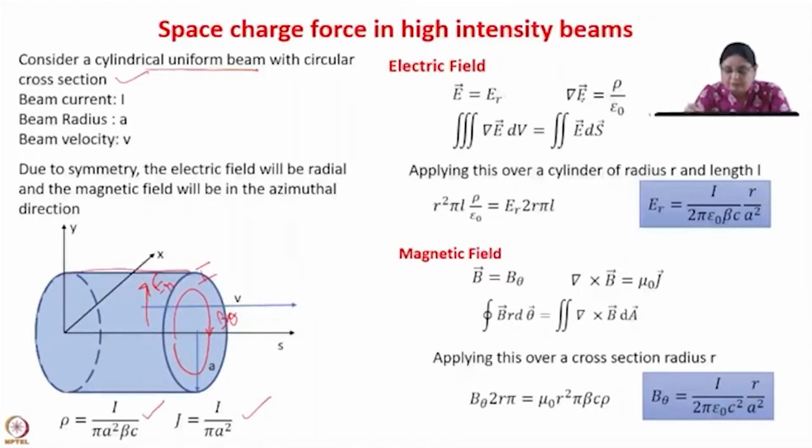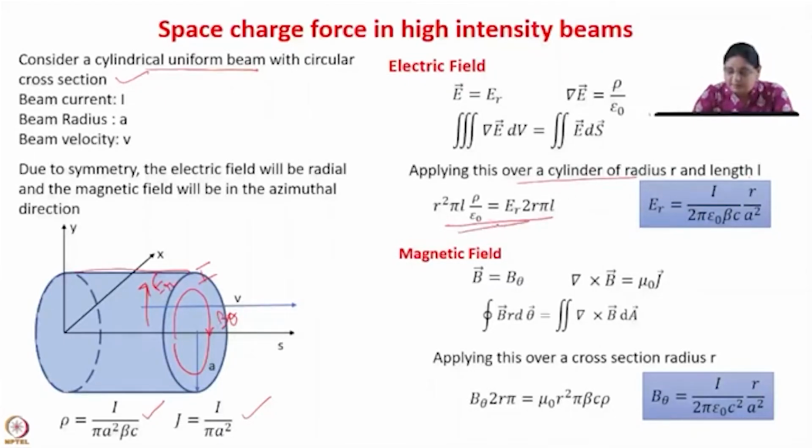So we know that from Maxwell's equation, divergence of E is equal to rho by epsilon 0. Applying Gauss's law, we can write the volume integral of divergence of E is equal to the surface integral of E dot dS. So applying this over a cylinder of radius r and length L, we get this expression.